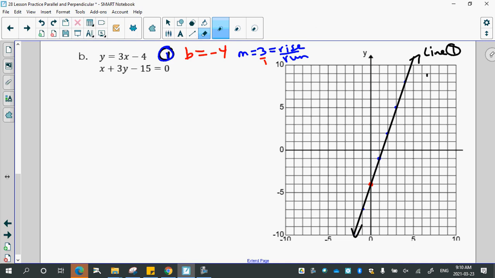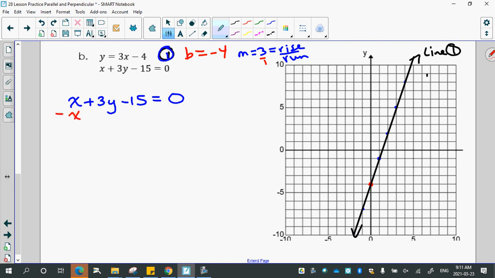Okay, so line 2 takes some more work. Because it's starting off with a positive number in front of the y, personally I would move the other 2 terms, so I would subtract x on both sides and add 15 to both sides.